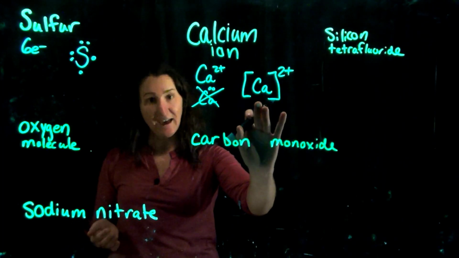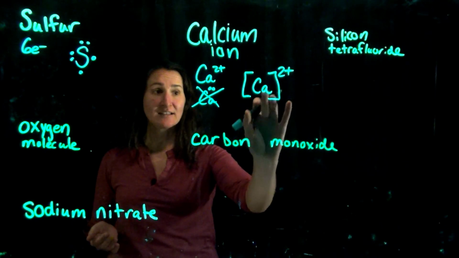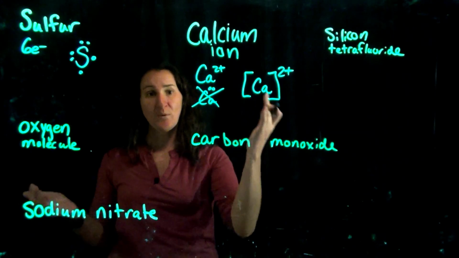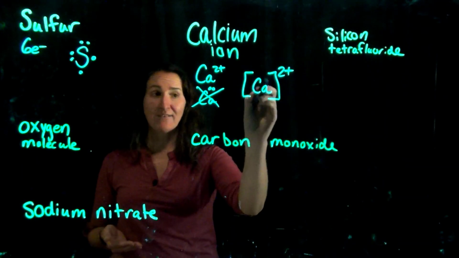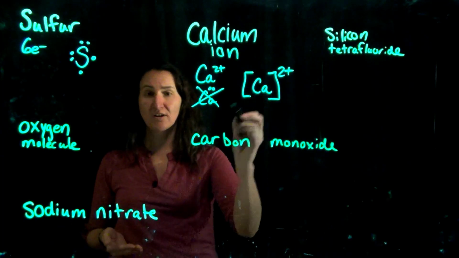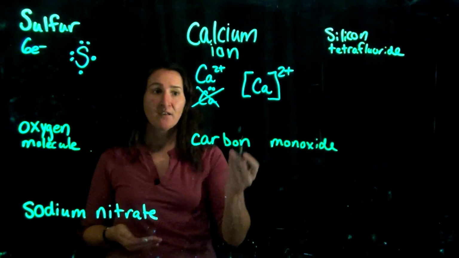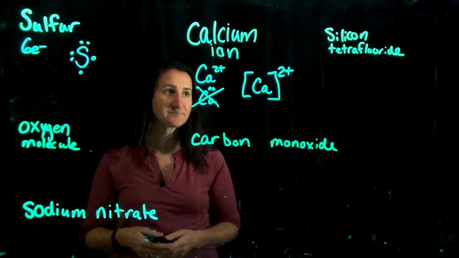Your cations, remember that term, your positively charged ions, typically don't have any electrons around that central elemental symbol. Why? It lost the electrons. Whereas your anions are typically going to have a full octet with 8 electrons drawn around the elemental symbol, with the charge always on the outside. So here we have an example of a cation, calcium, Lewis structure.